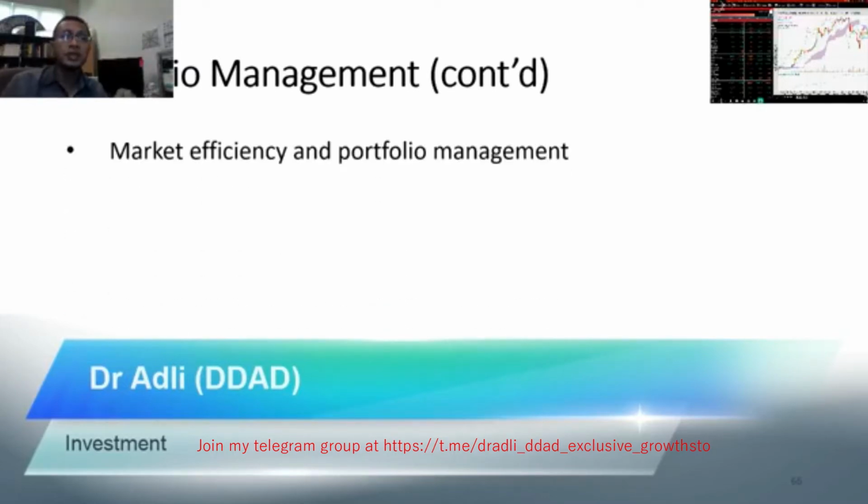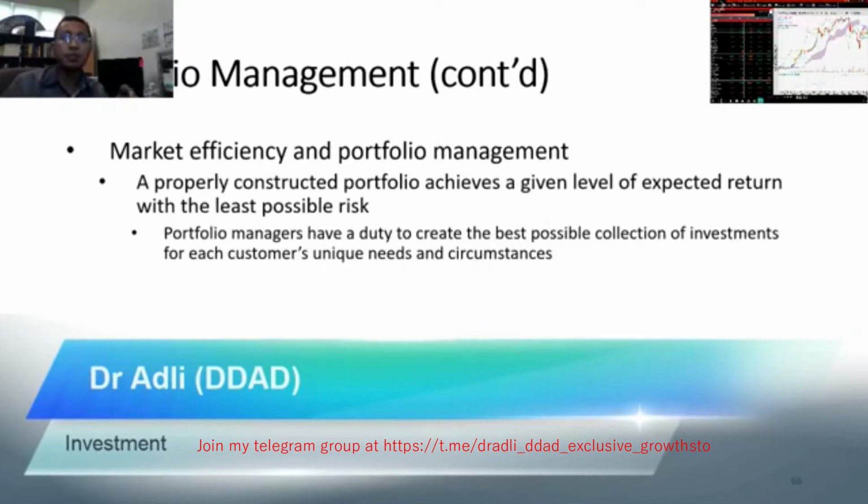So market efficiency and portfolio management. A properly constructed portfolio achieves a given level of expected return with the least possible risk. So you want to get the highest expected return with the least possible risk, because you can then maximize your return.